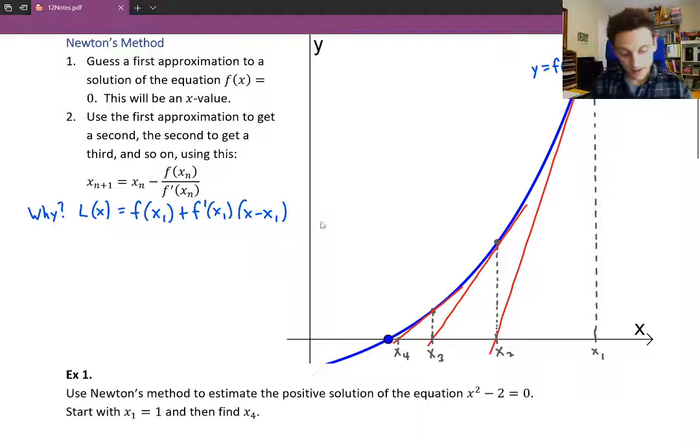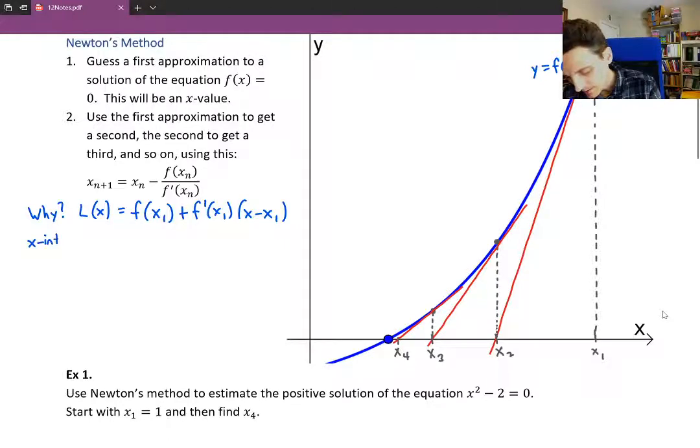So let's find the x-intercept of that tangent line. We want to figure out where that tangent line gives a y value of 0, which will help us find x sub 2. We get the x-intercept by setting the function equal to 0, L of x equals 0.